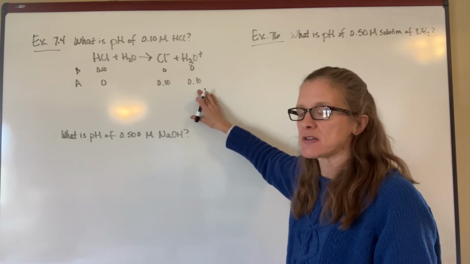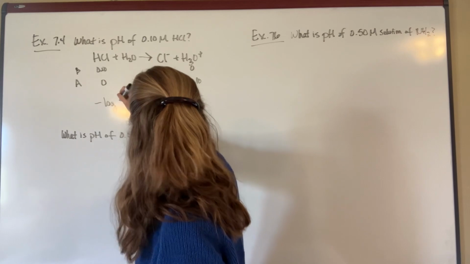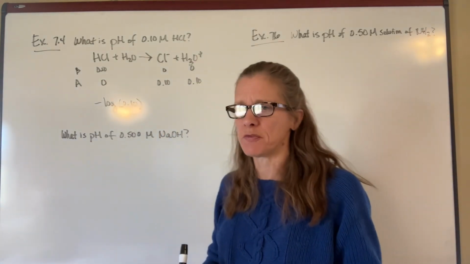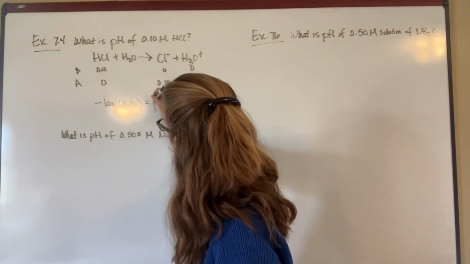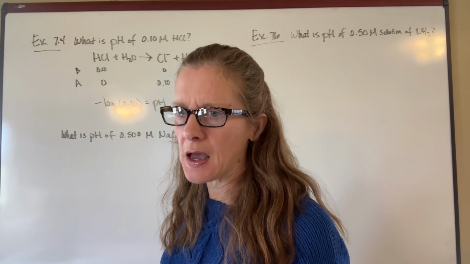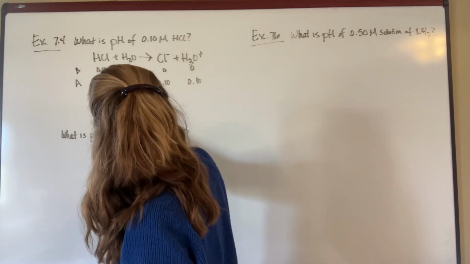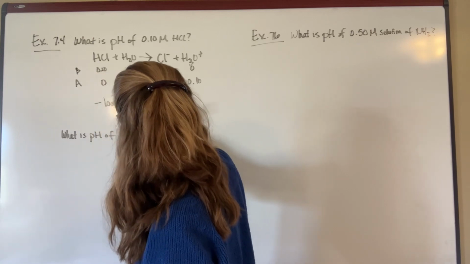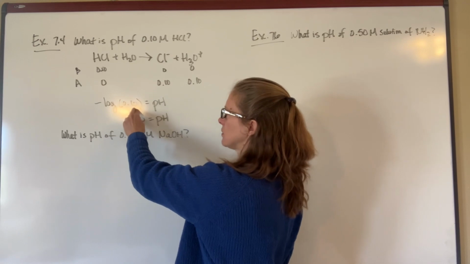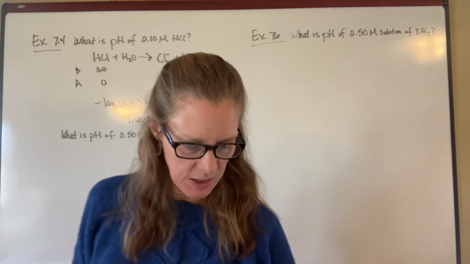So all I have to do then is take the negative log of 0.10, because that's the definition of pH, in order to find the pH of this solution. And when you do that, you should find that the pH of this solution is equal to 1.00. Two significant figures here, so that means that I have two numbers after the decimal point in my pH.